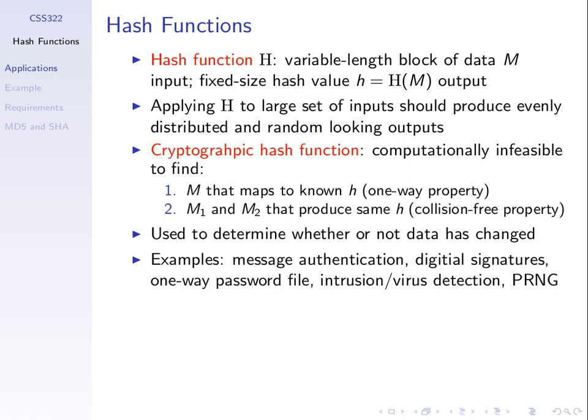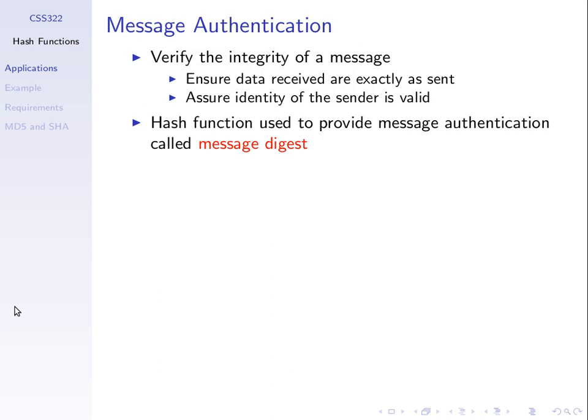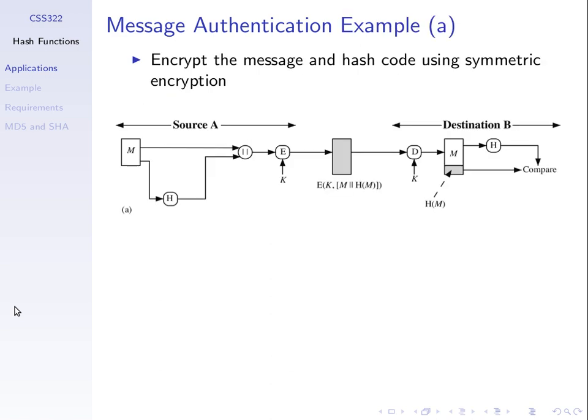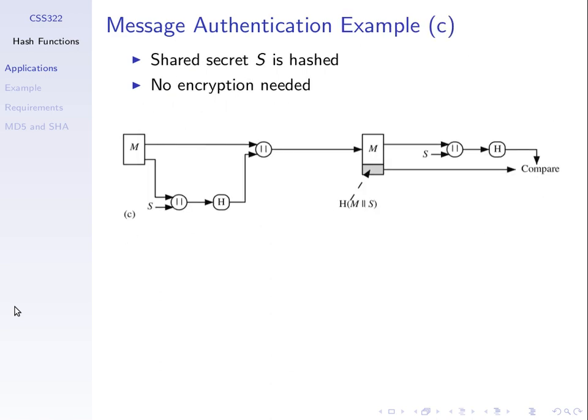This one-way property, if it holds, then the example system we've gone through is successful. It's secure. If it doesn't hold, then the attacker can find the secret and the system is not secure. So we need our hash function to have this one-way property if we want to use such an authentication system.